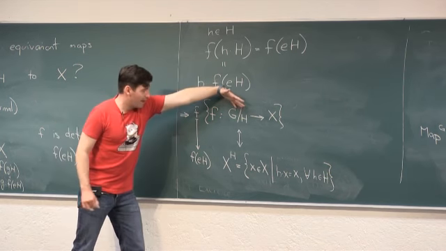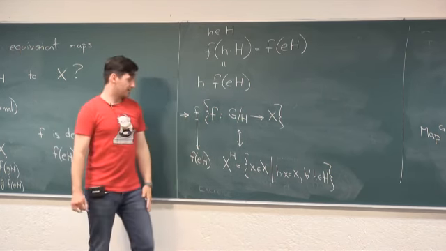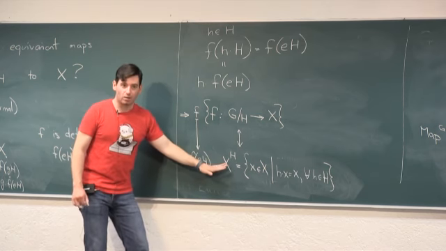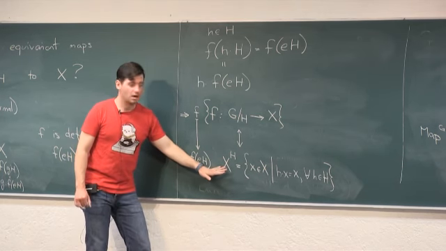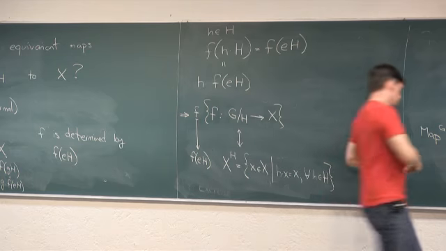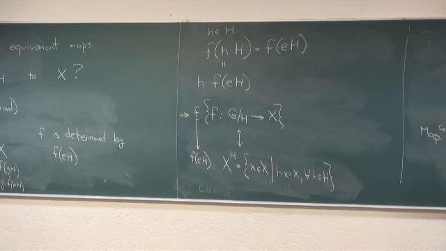Here, maps from G mod H into X, that's the same thing as H equivariant information, but then the fixed points of something, this is the same as maps from a point in.